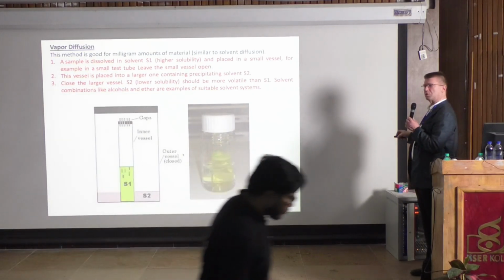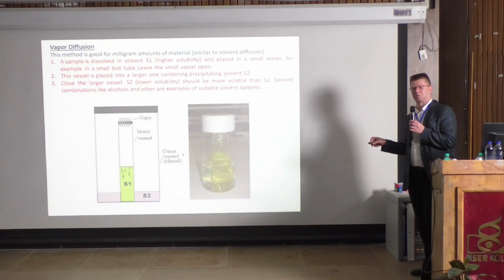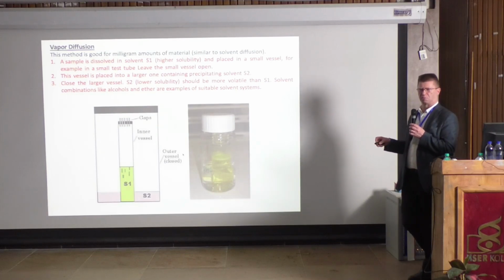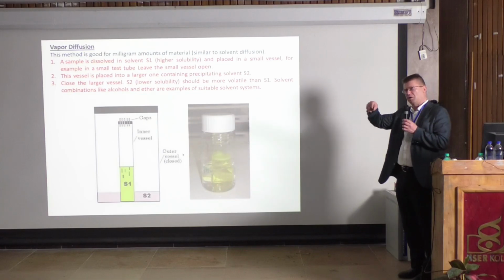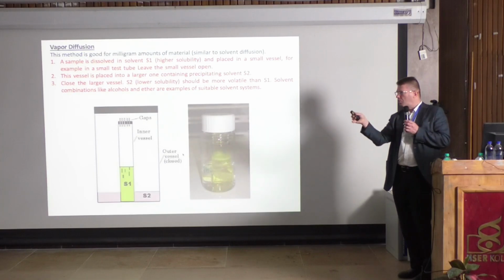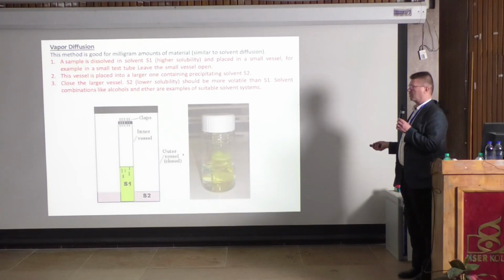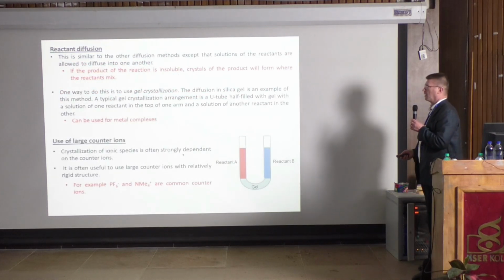Or if not, you can open the cork and put it back. This can bring you crystals within 1 day, or 2 weeks or something like this. But it's really nice and safe. You can make many of them, and just take a look at each of them, okay, this looks like there would be crystals in there, I will check them. It is a very, very good technique.